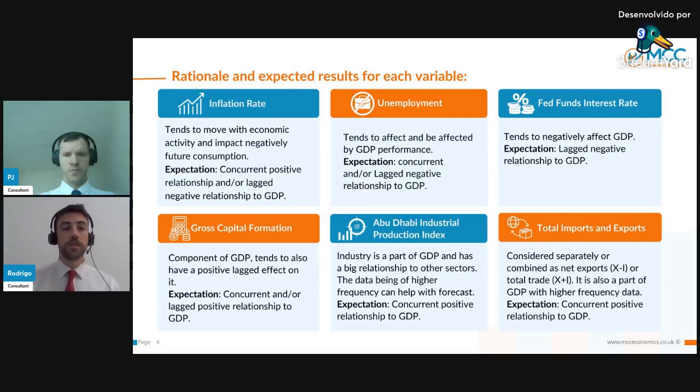And then in terms of a lagged relationship, you tend to have as well this negative effect, because if you don't have a job today, and maybe, let's say in a period of high unemployment, people are also more careful in terms of consuming, because the ones that have a job are not sure if they're going to be able to keep their jobs, and the ones that don't have jobs, of course, don't really have money to keep on consuming.